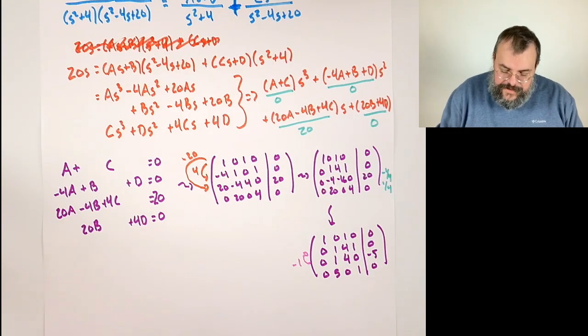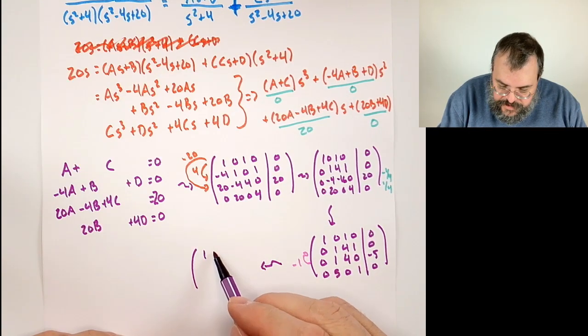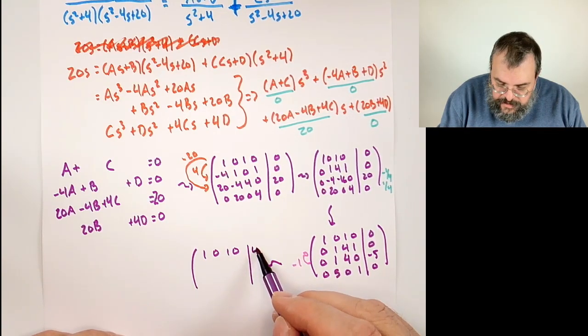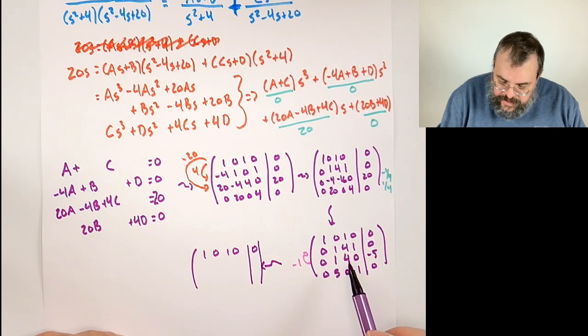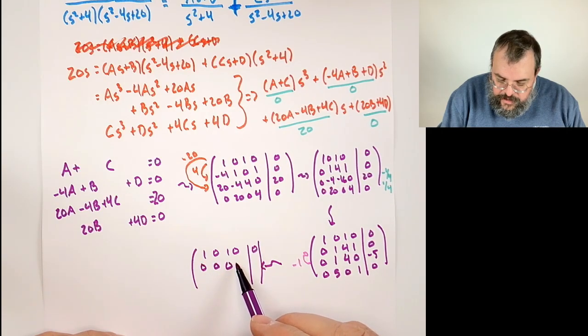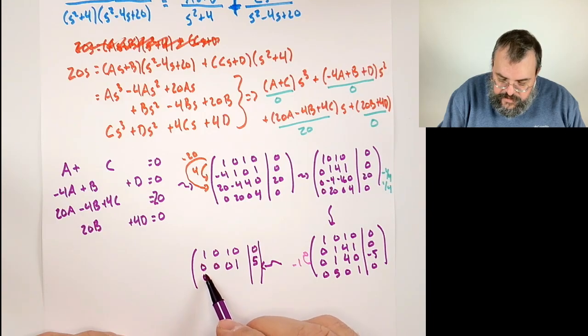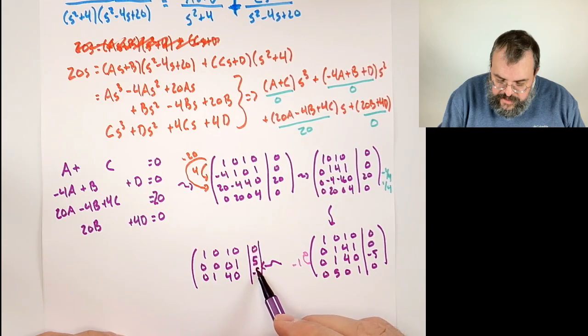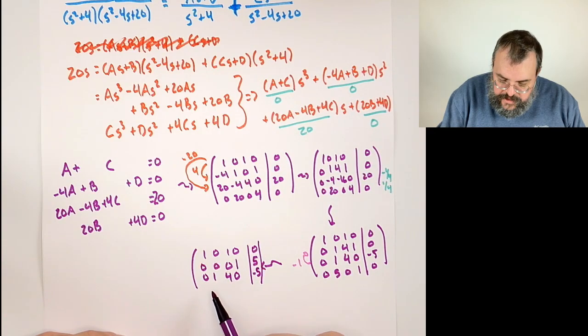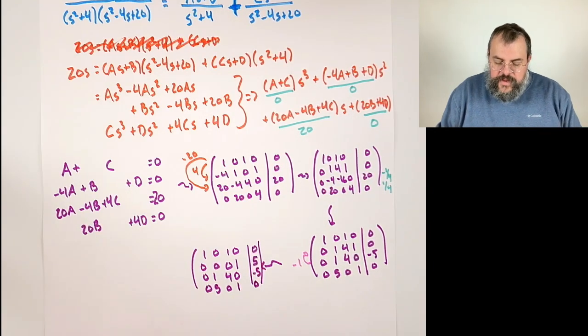And now, if you do that, what do we have? Well, first row, we're not changing anything. Second row will be 0, 0, 0, 1, 5. Then 0, 1, 4, 0, minus 5. And 0, 5, 0, 1, 0.